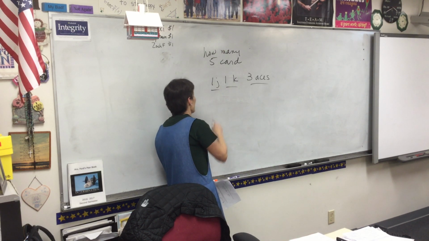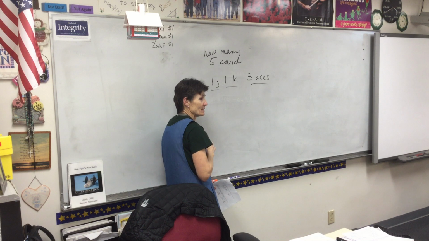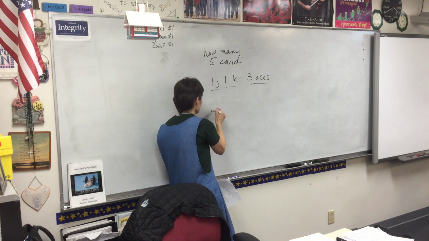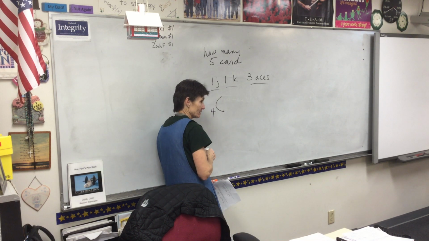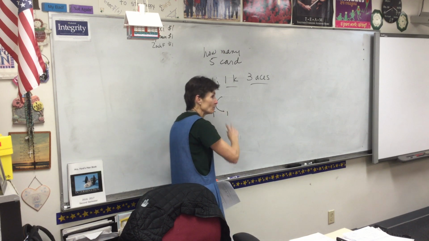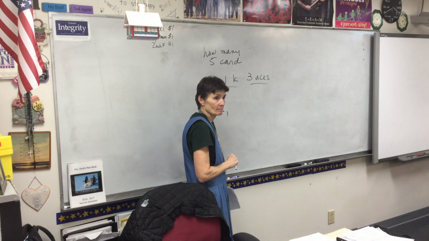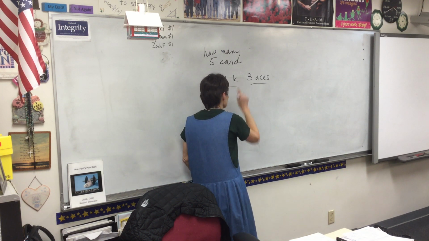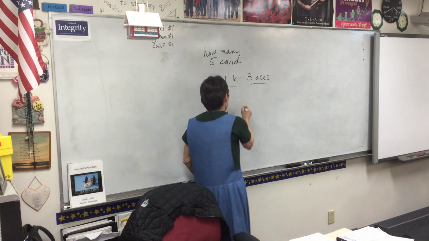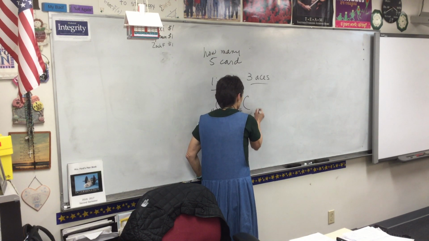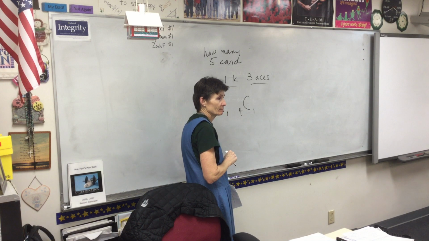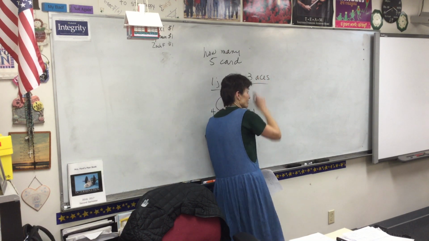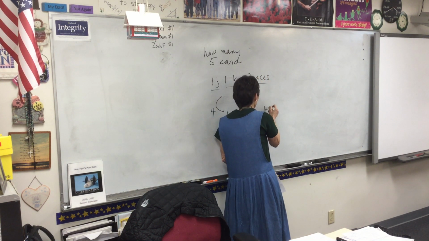So here we go. How many jacks are there in the deck? 4. How many am I picking? 1. Done with the jacks. How many kings are there in the deck? How many am I picking? Done with the kings. How many aces are in the deck? How many am I picking? Done.